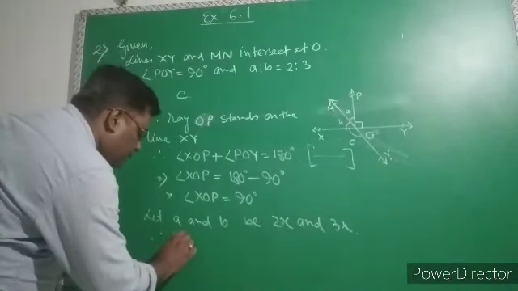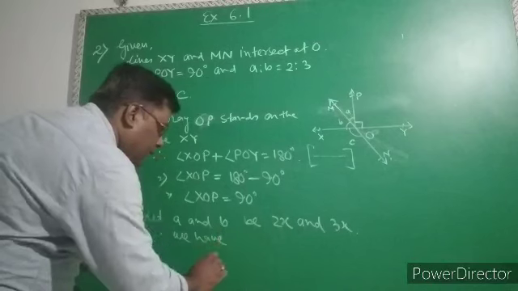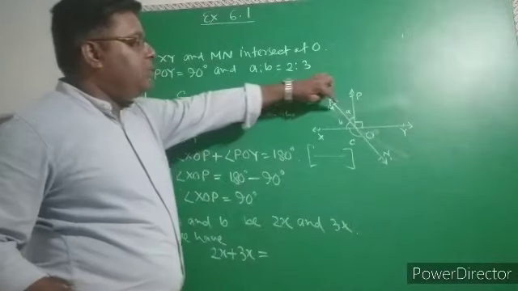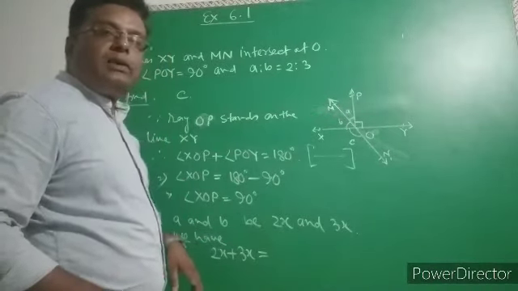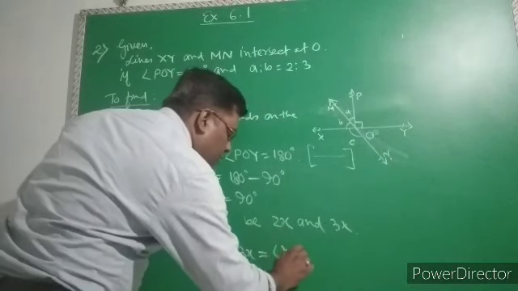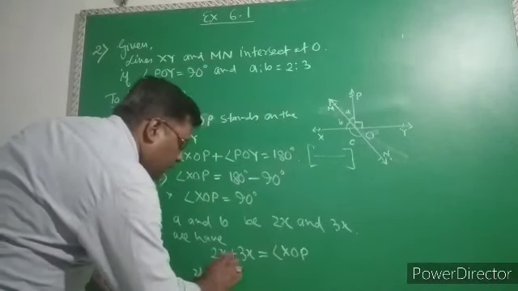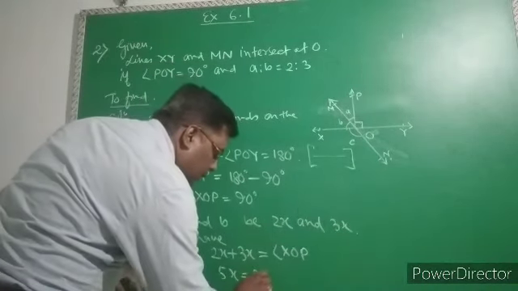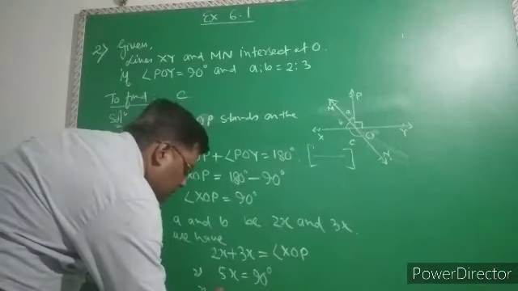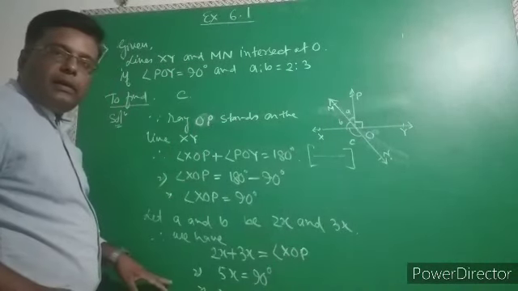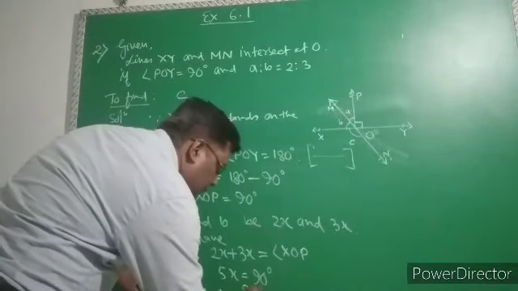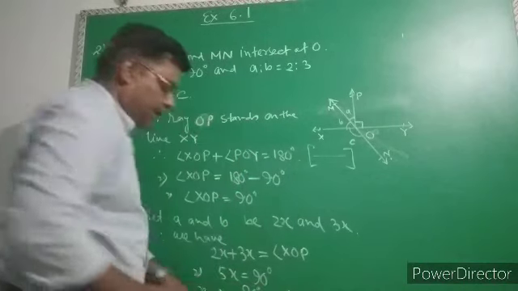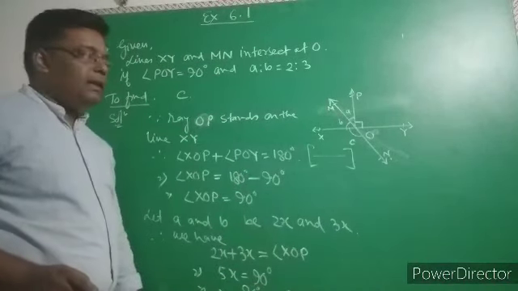Therefore we have twice x plus thrice x, that is, if we add A plus B, we get the angle XOP. That means twice x plus thrice x, that is 5x, equal to 90 degrees. So what do we get? x equal to 90 by 5, that is, we get x equal to 18 degrees.